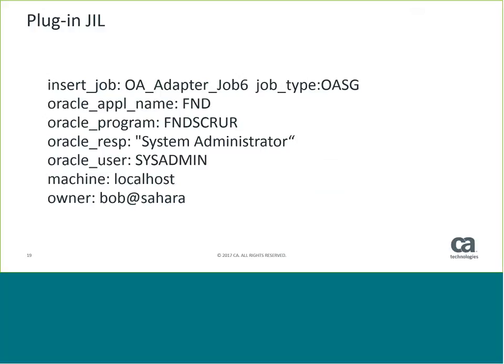In this case, the owner didn't change, and that's going to depend on how you set up your Oracle users within AutoSys. Some people have created Unix IDs for them, so that's something you have to take a look at. But the important thing to notice is the job type changes from command to a specific job type, and the parameters become job attributes.